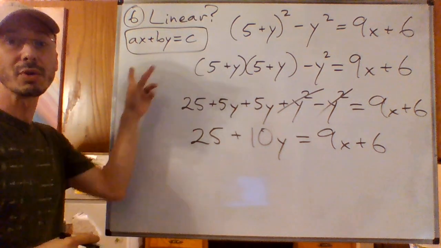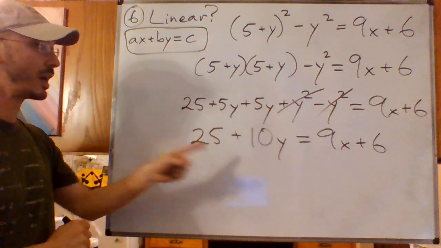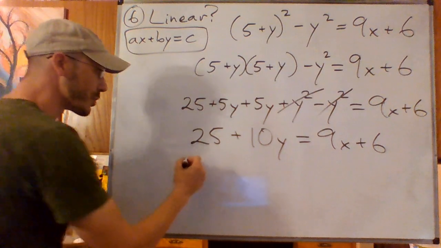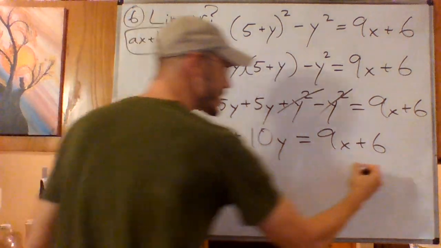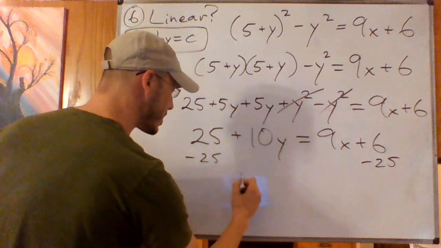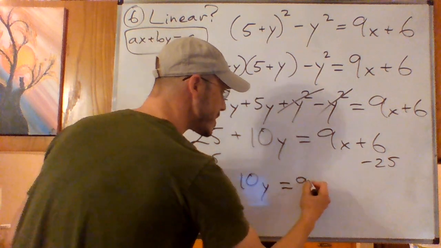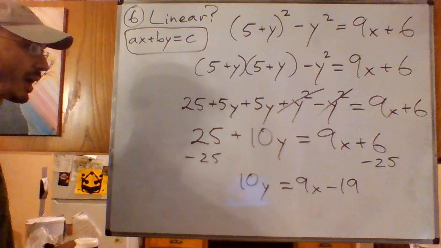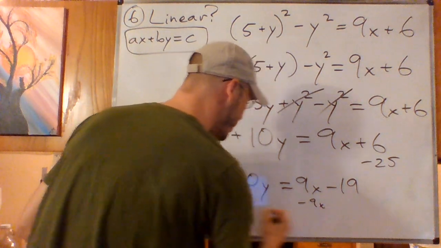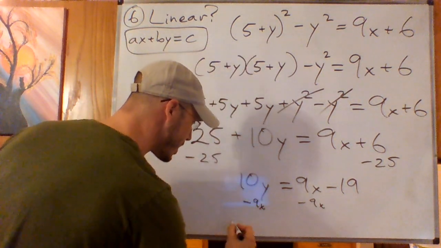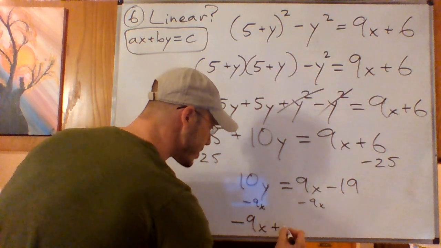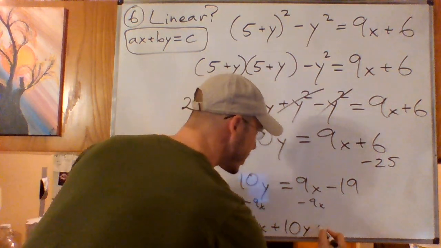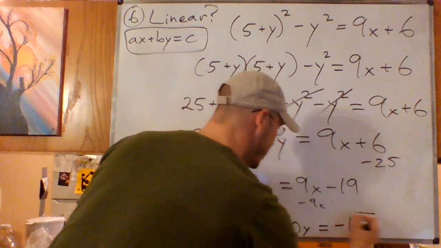If you can put it in that form, it's linear. First I'll subtract 25 from both sides to get 10y equals 9x minus 19. Then subtract 9x from both sides to get negative 9x plus 10y equals negative 19.